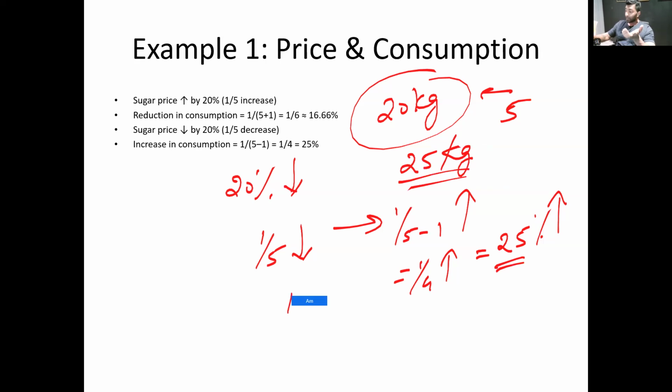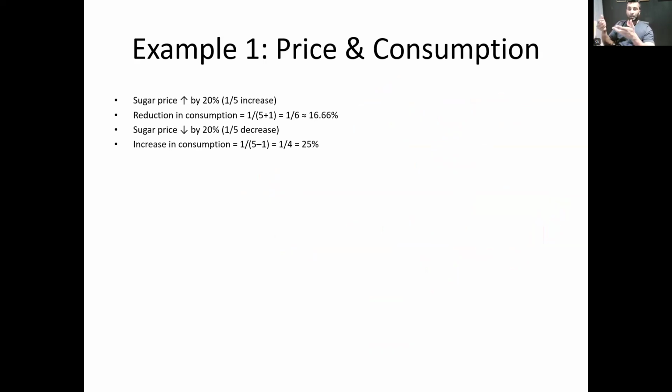Suppose earlier it was 100 kilograms. What is going to be the new consumption? It is going to be 125 kilograms. So if they are giving it in terms of numbers, find the percentage and convert that. If they are asking in terms of percentage, then it is very easy. Directly you are getting it.